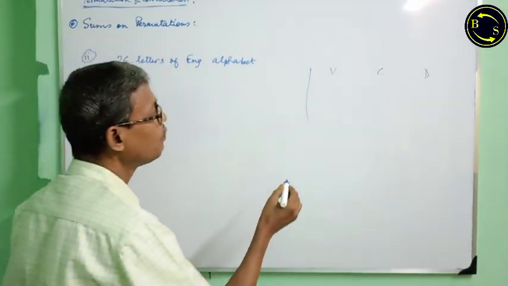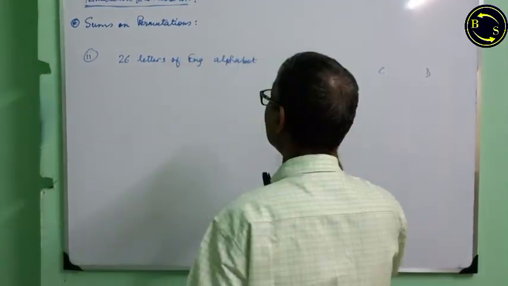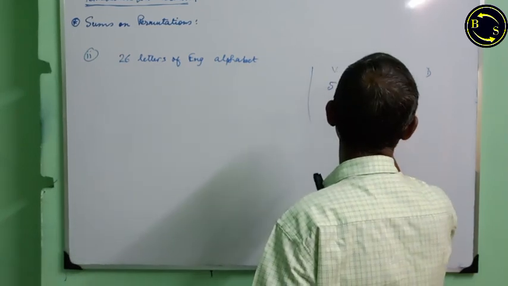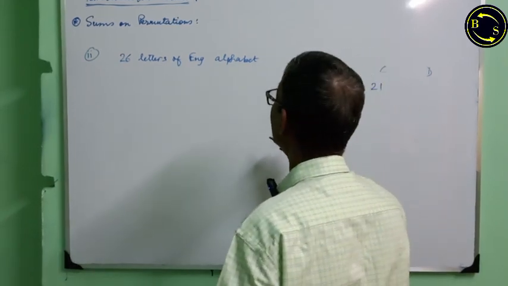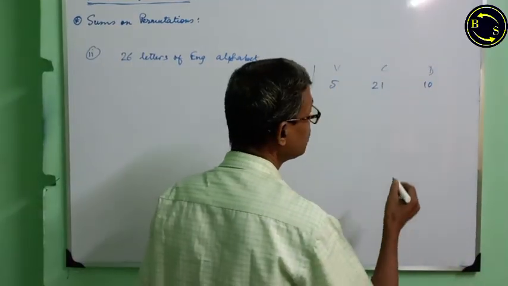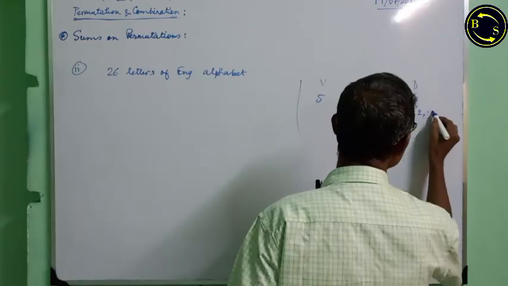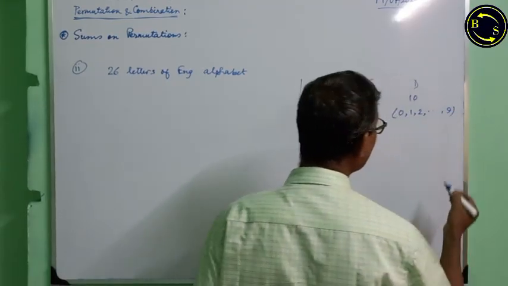Then we know 5 vowels are there. Then remaining 21 consonants are there, and digits are 10, starting from 0, 1, 2 up to 9.